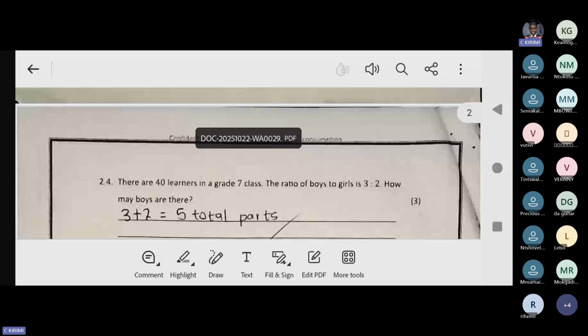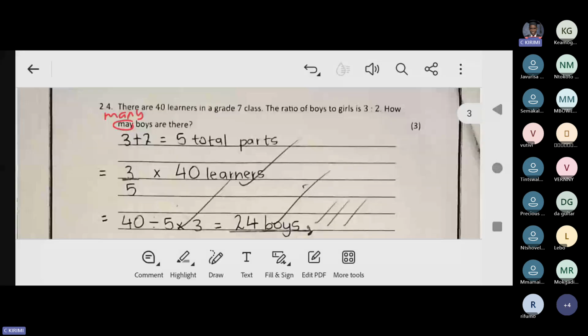So we can correct it to how many boys are there. So we are having 40 learners in a class of grade 7, and the ratio of boys to girls is 3 to 2. I said here, when you're having this kind of problem, first calculate the total ratio, which means the total parts. We are adding 3 and 2.